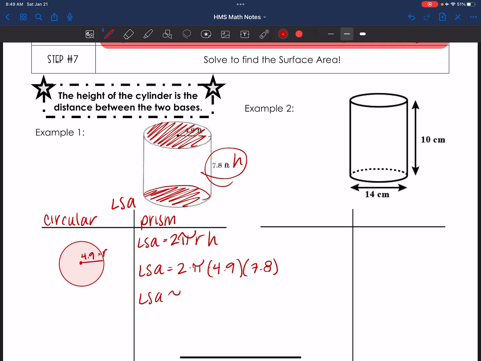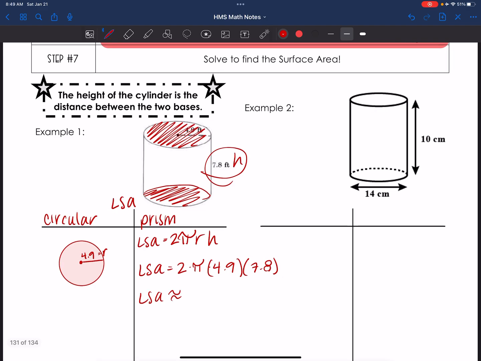So lateral surface area is about 240. We'll just say 240 feet squared. Well, I feel like that's easy. Cool. Go ahead and try example 2 on your own. See if you can do it. I'm willing to bet you can.